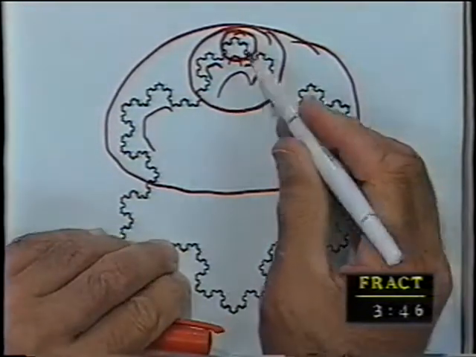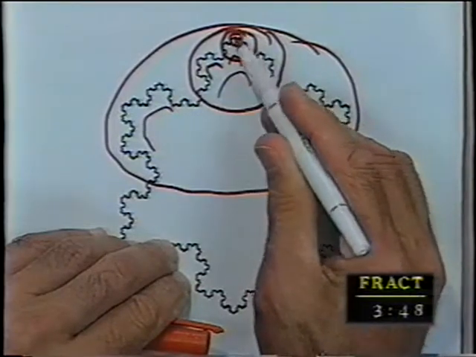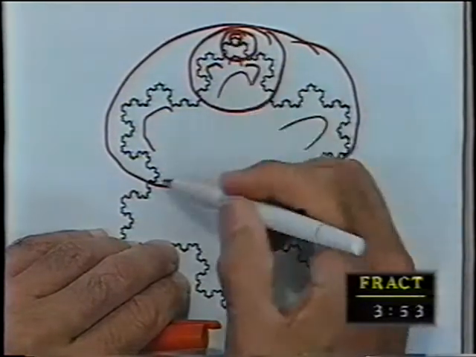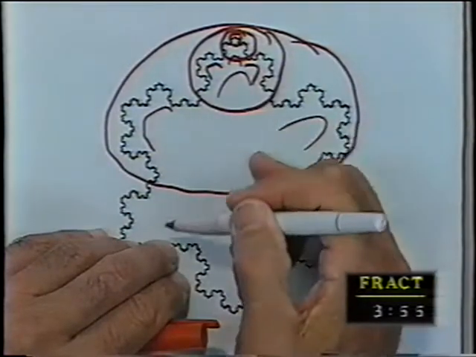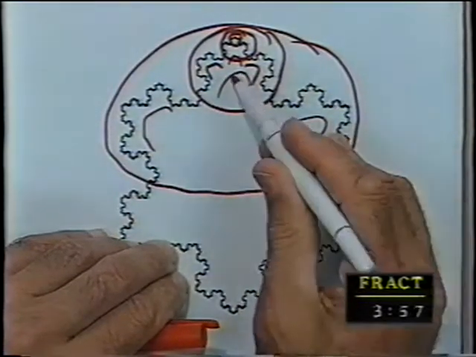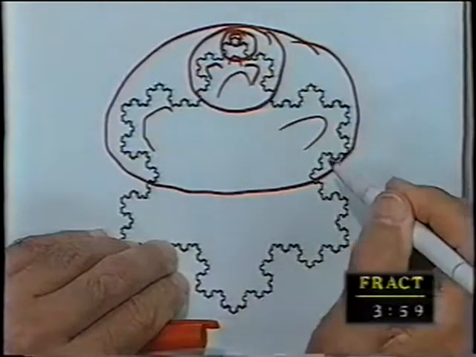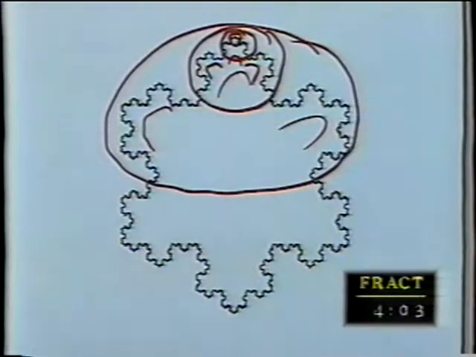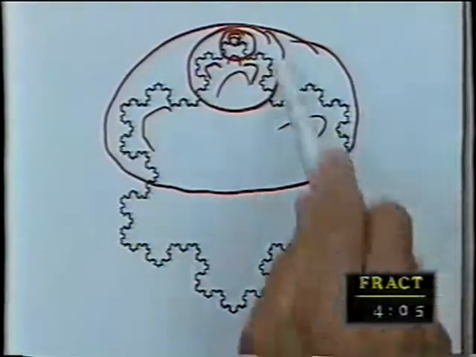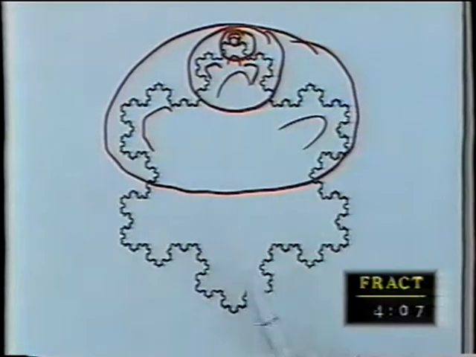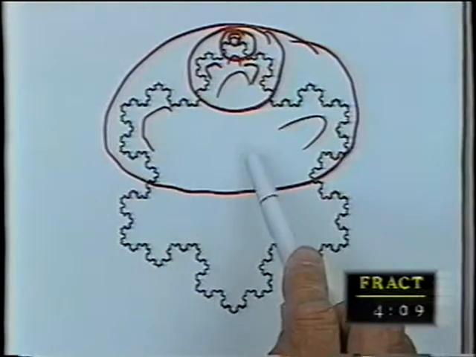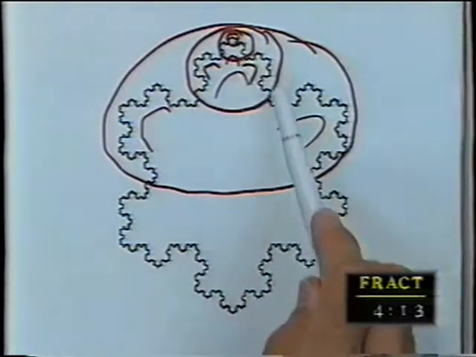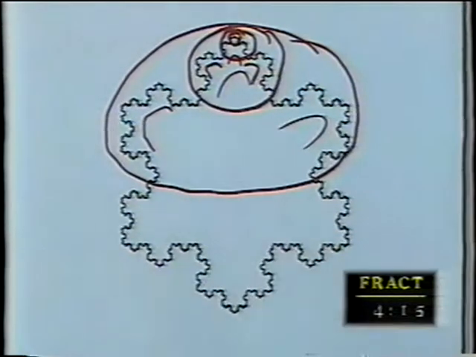If I were to magnify this piece, now you can't see it on your screen, it's far too small, but if you would magnify it, it would look again like these other things looked. The smaller ones are similar to the big ones. In fact, in this case, they're identically similar. If you actually expanded it, you would see that they would fit exactly superimposed on the one before it. This is extreme self-similarity.